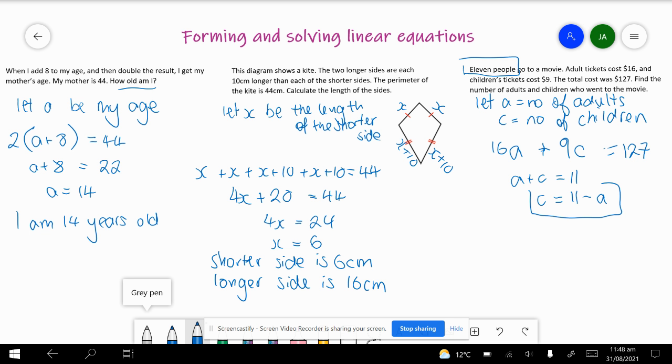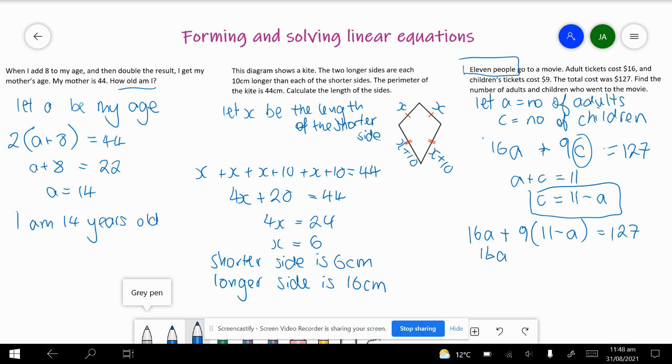So now that we've got this, we can replace the C in here with the 11 minus A. So if we go 16A, go back to that equation, plus 9, and instead of C, I'm going to write 11 minus A. You can do the same for A if you wanted to. You would get the same result. So let's multiply this out.